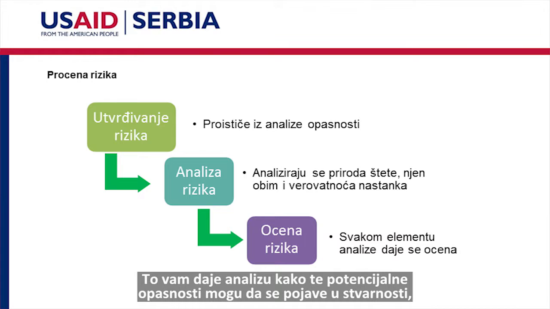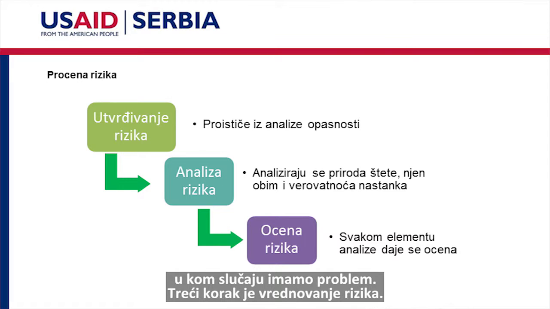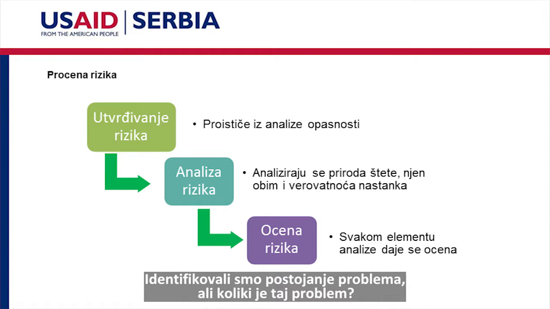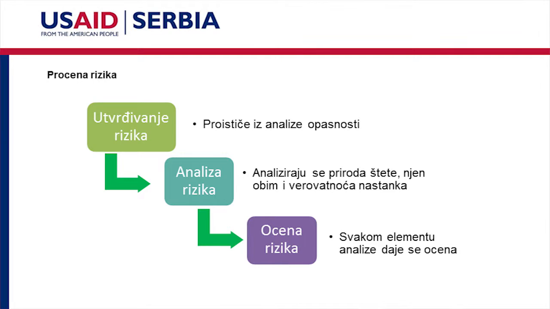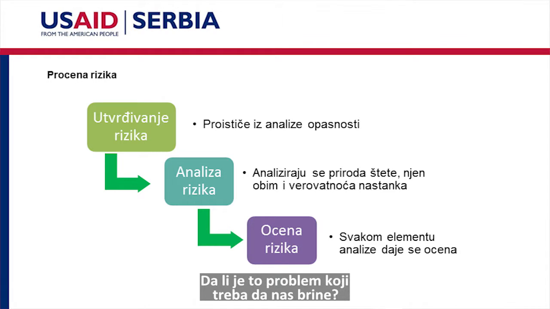So that gives you an analysis of how these possible hazards might actually materialise, in which case we've got a problem. But the third step is risk evaluation. We've identified there's a problem, but how big a problem? Is this a problem we need to worry about?